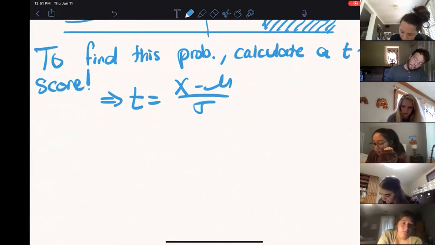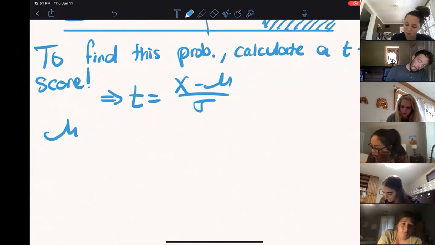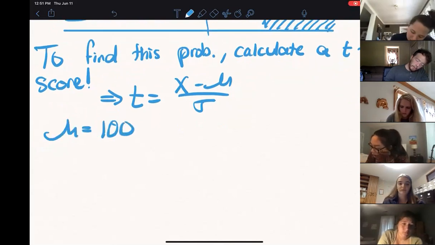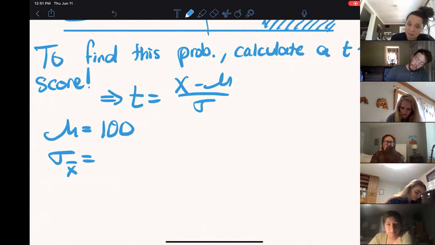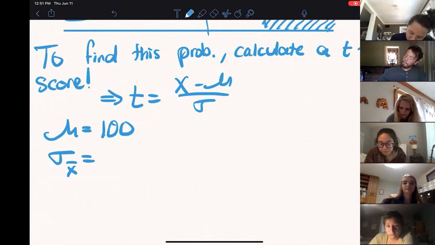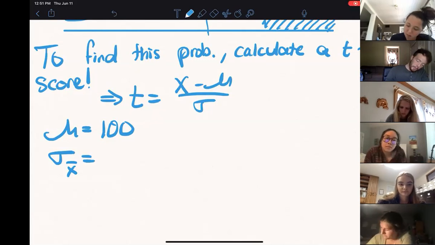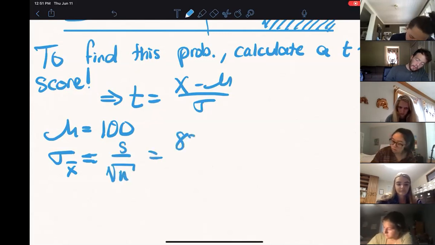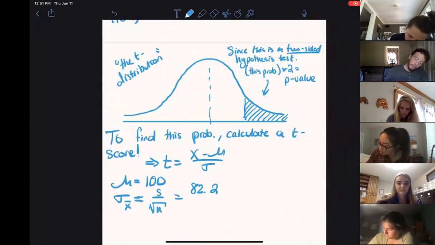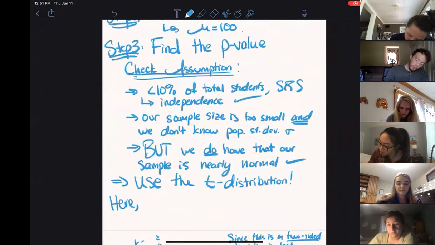So what do we need? Our mu is our null value. It's 100. The sigma we need is the sigma of x bar, which we're going to approximate with s over root n, which in this case is 82.2 over root n, and n is 29.